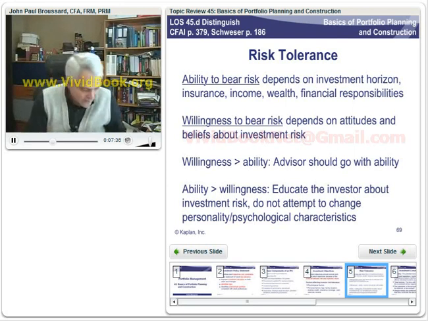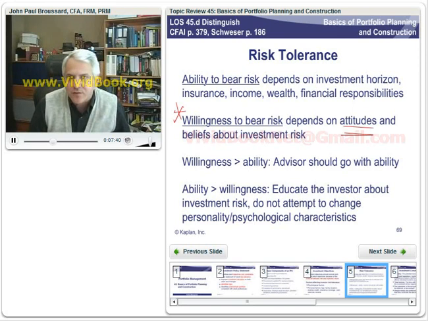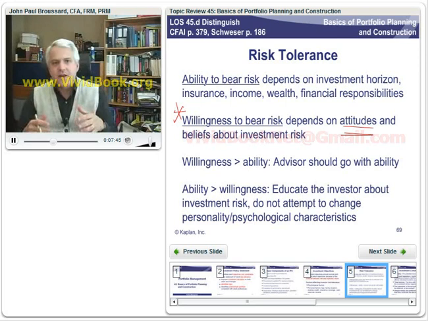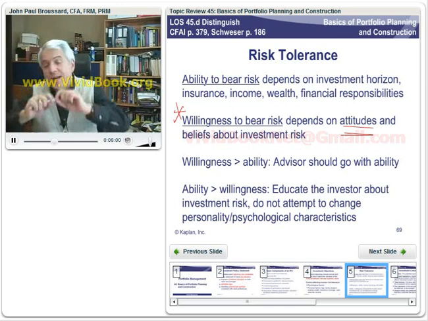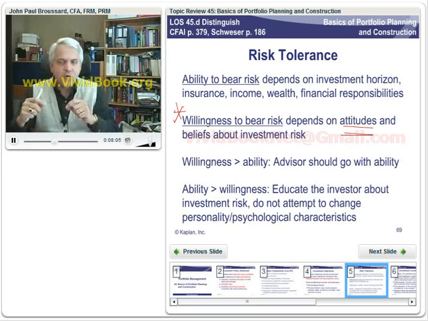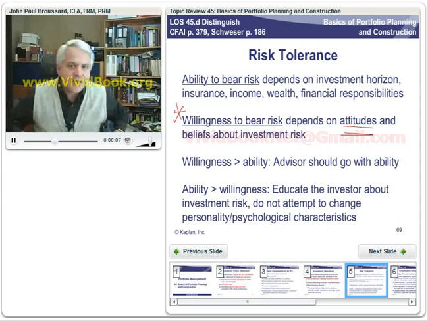And the willingness is really based on some of the psychological factors, the attitudes they would have. So when we formulate a statement that they might be able to take a lot of risk, but they're not willing, on which side do we fall? Well, the general rule of thumb is that a formalized statement of risk tolerance at the end of the day should be going with the constraining factor.